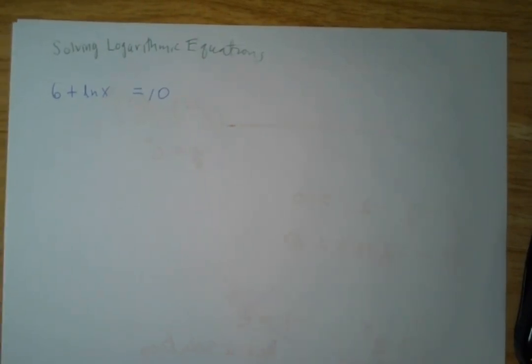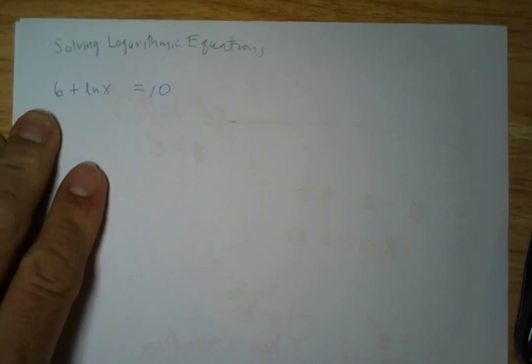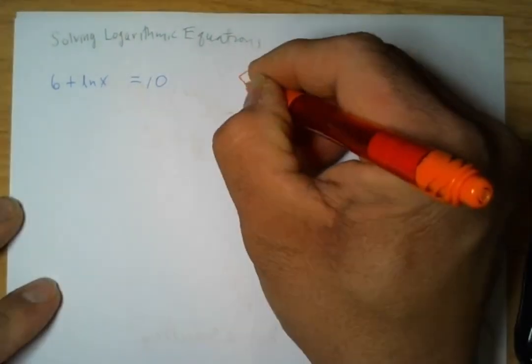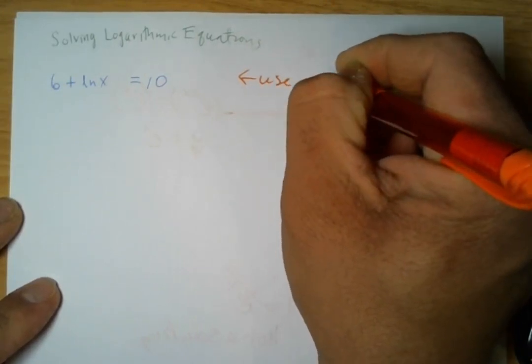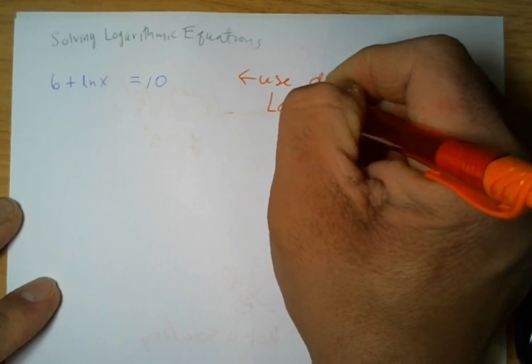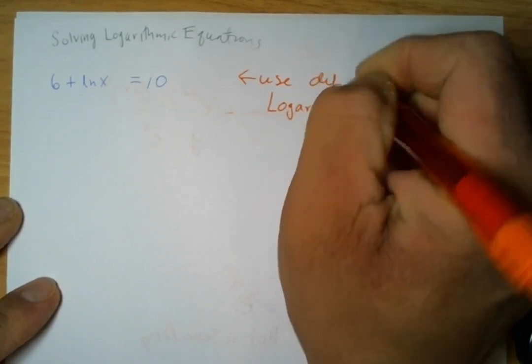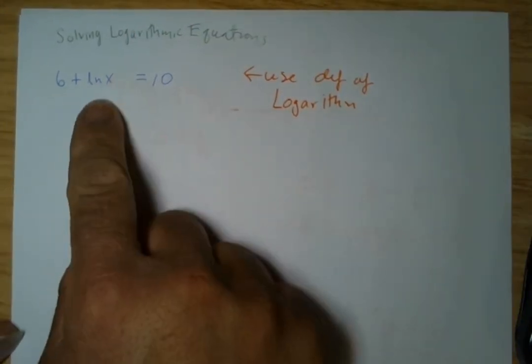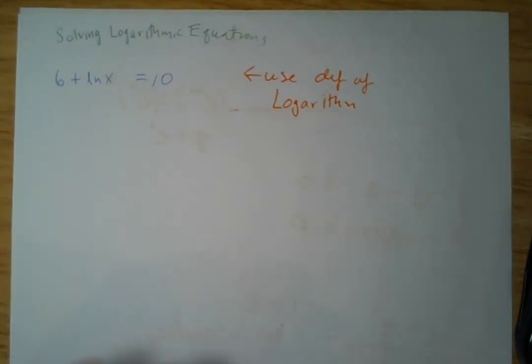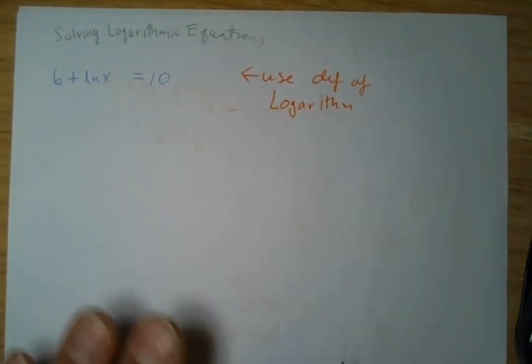All right, so the first type of equation is we're going to use the definition of a log, right? So in order to do that, I want to get the log of whatever expression we have inside here, and then everything else on one side.